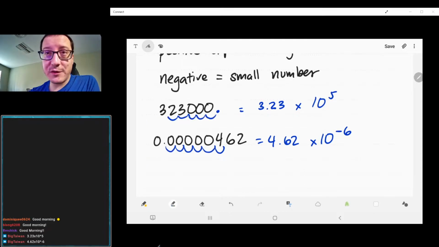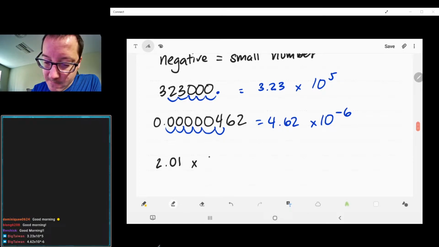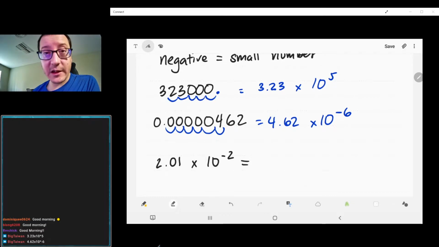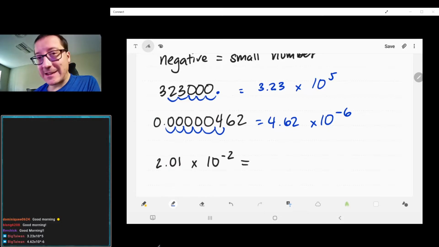The reason I try to avoid left and right is because when you're going from scientific notation back to regular notation, that's when the left and right can get confusing. So if we take, for example, something like this, and put it into regular notation. In order to get a negative exponent, we move our decimal to the right.